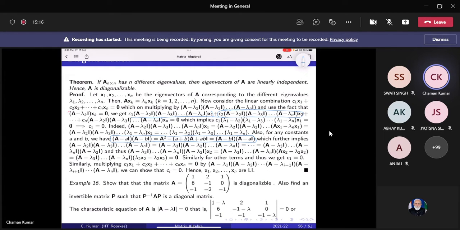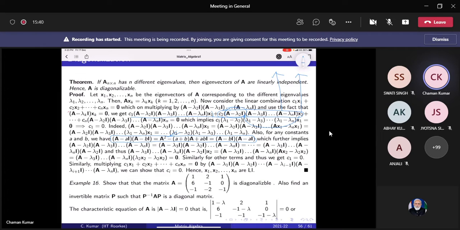You see that the vector x2 is sitting at the end of this product. So somehow you have to bring this x2 together with the expression A minus lambda 2. And this equality will help you to bring this inside.